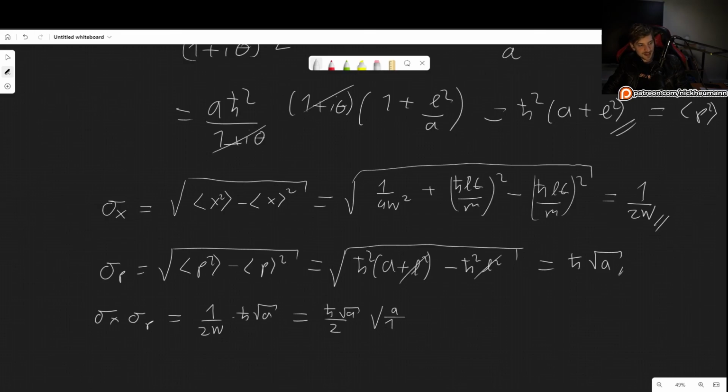I don't want to make a mistake at this point of the video. So it is 1 plus theta squared. And theta squared, so this is h bar a divided by 2, 1 over square root of 1 plus, this would be 4 h bar squared a squared t squared m squared.